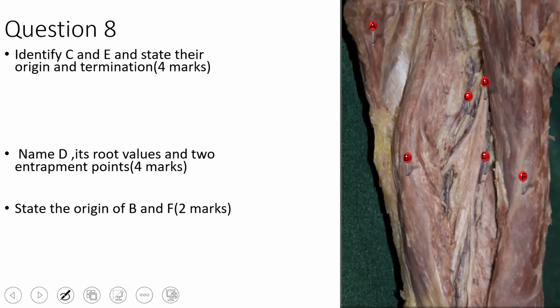Posterior fibers of deltoid. Okay, and we agree. C and E. Just restrict yourself to that, and kindly let us move at a faster pace because now time is not on our side.